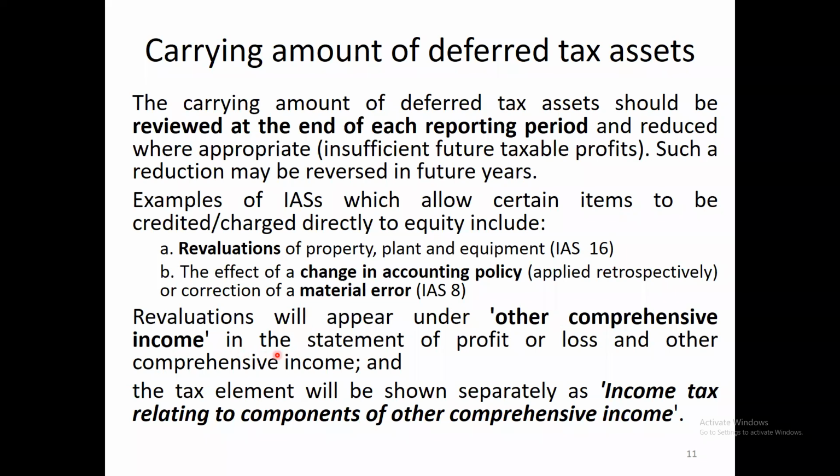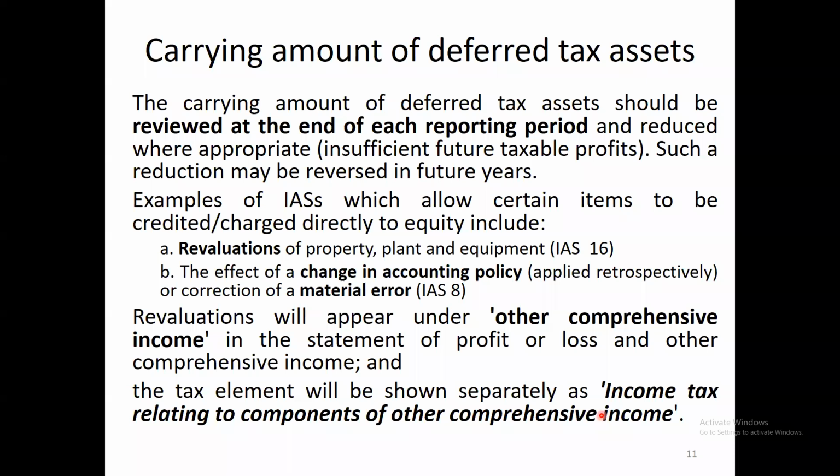The deferred tax changes should be shown in other comprehensive income in the income statement. The tax element will be shown separately as income tax relating to components of other comprehensive income. You have to use the same sentence.